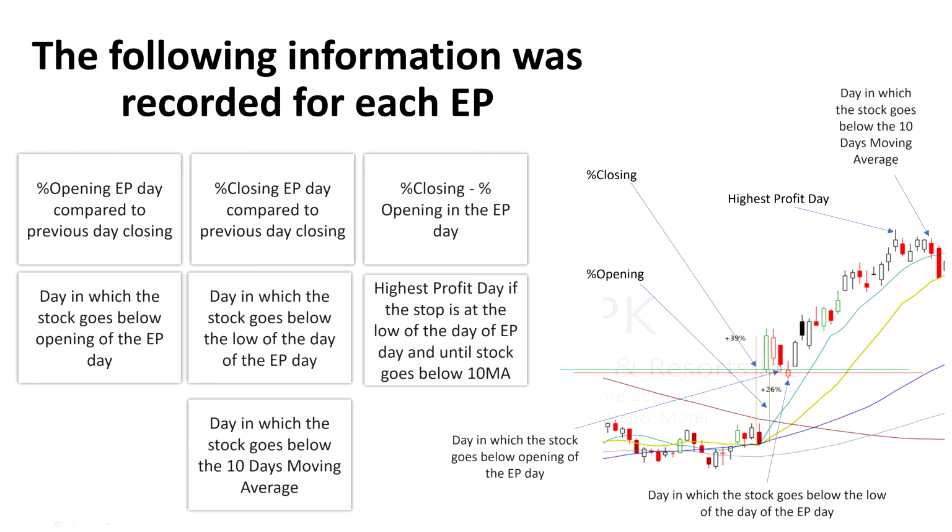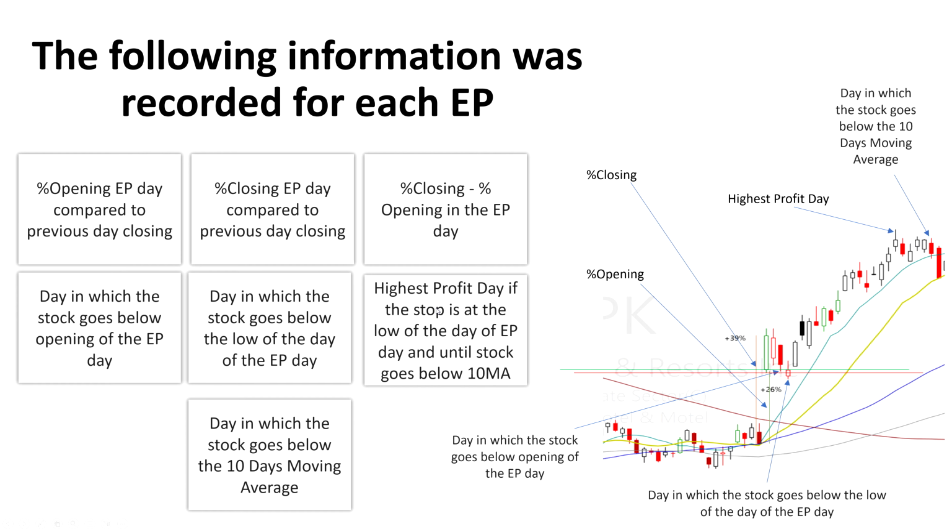So opening of the day, you see it gets challenged the second day after EP. But then, and how it goes when it goes below the low of the EP day. In this case, the tail is small, but sometimes it's kind of longer. And when it goes below or this line gets challenged, I tracked that and I counted when this interaction happens.